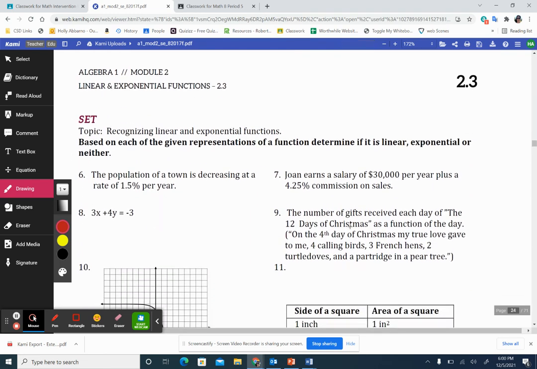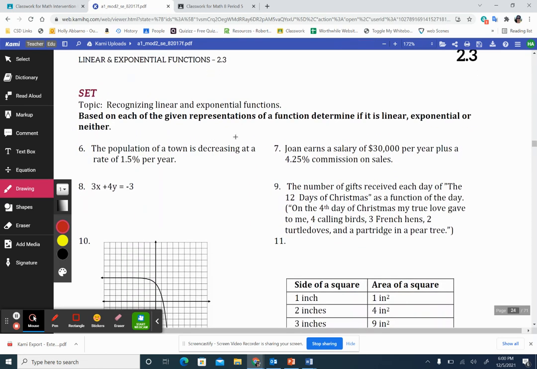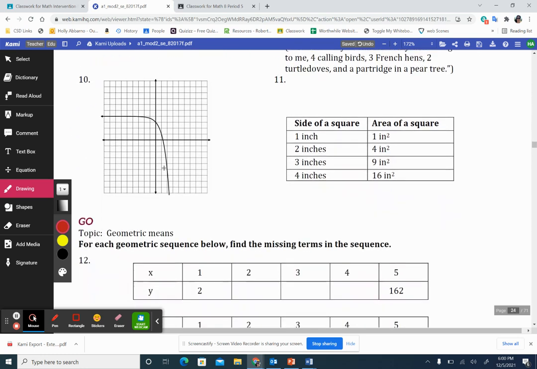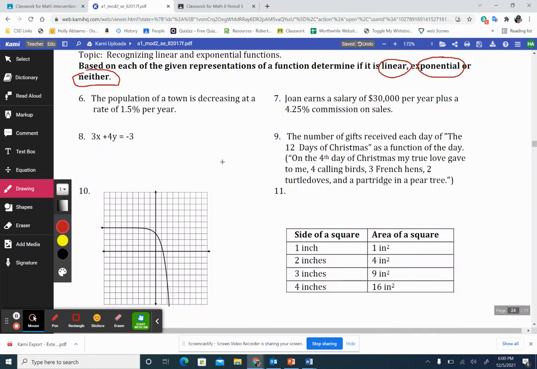All right, down to your set. It says, based on each of the given representations of a function, determine if it is linear, exponential, or neither. So you have 6, 7, 8, 9, 10, and 11. Let's see.